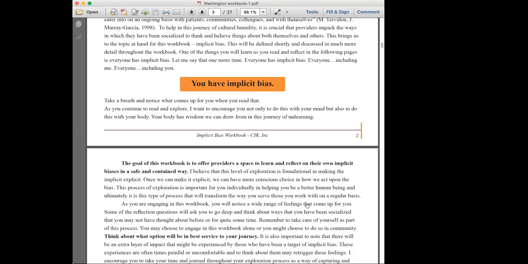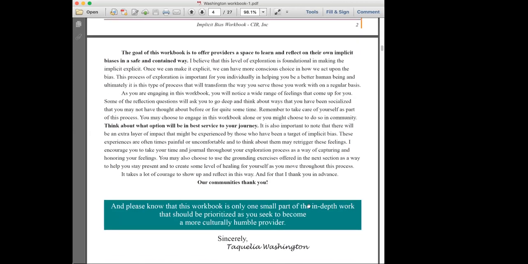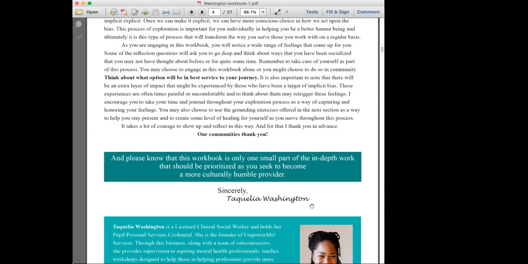I want to also highlight in this section that this workbook, there's a couple of different ways that you might choose to go throughout the workbook. Some might choose to do it as an individual exercise. So maybe you read it and you take some of the questions and you journal and really go through your own personal process around it.